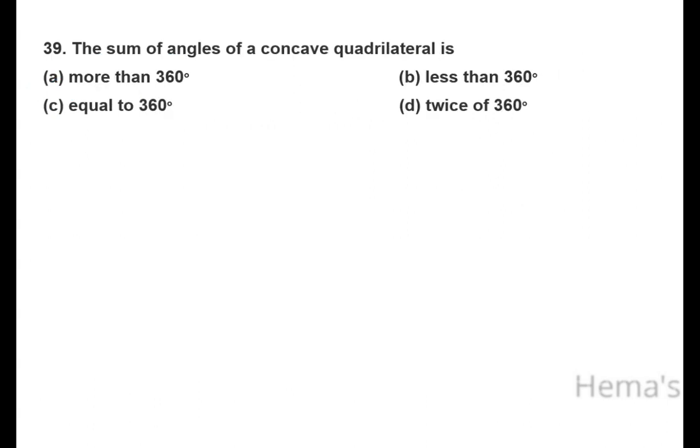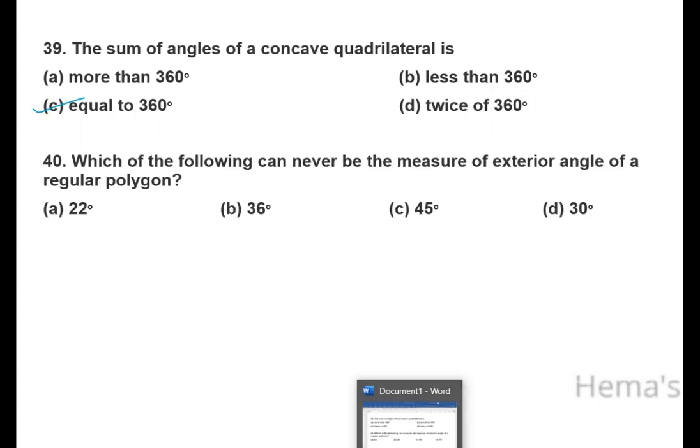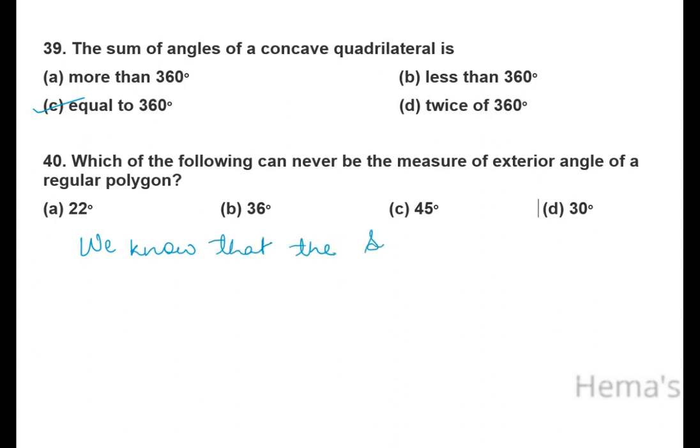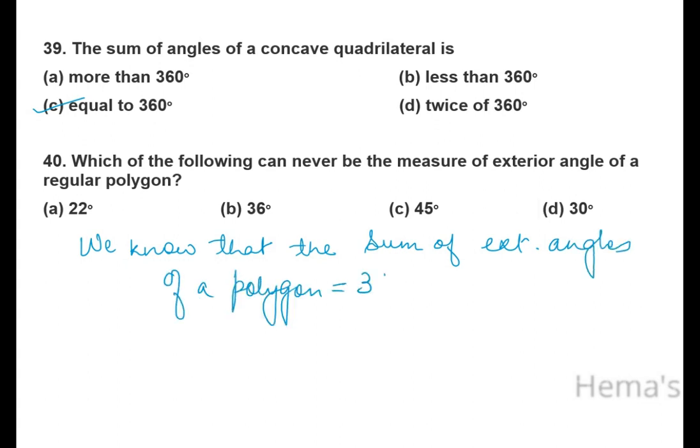Question 39. The sum of angles of a concave quadrilateral is equal to 360 degrees. Hence, option C is the correct option. Question 40. Which of the following can never be the measure of an exterior angle of a regular polygon? We know that the sum of exterior angles of a polygon is equal to 360 degrees, right?